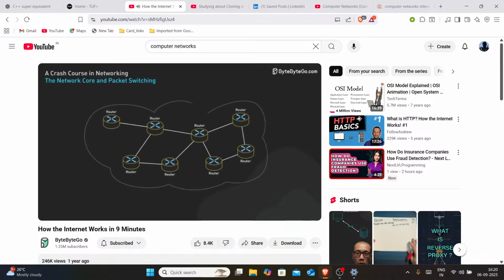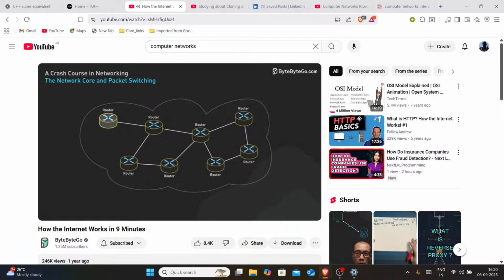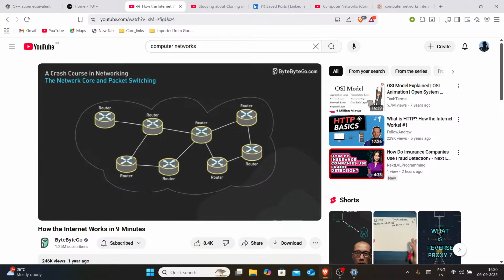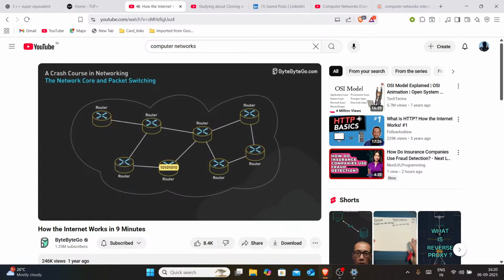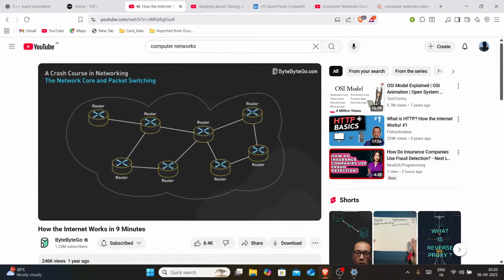Now let's dive into the network core. This is the mesh of packet routers and links that interconnect the internet's end systems. At the heart of the network core are routers, specialized devices that direct packets from one network to another. These routers handle the task of packet forwarding, which ensures data reaches its intended destination efficiently.